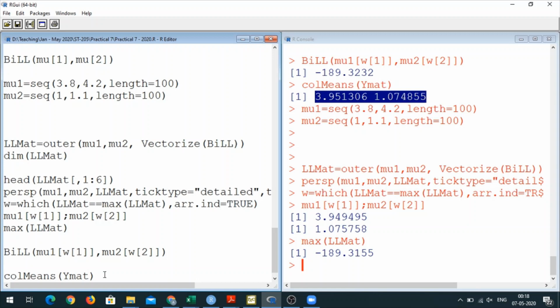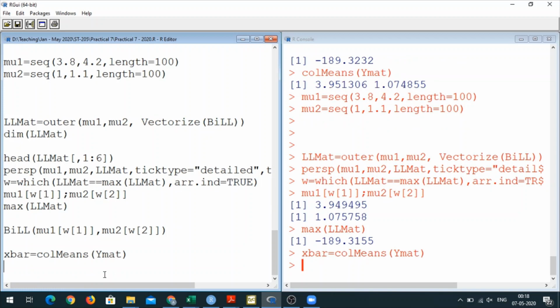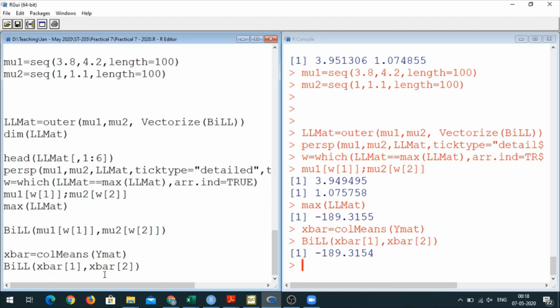So let me store it in, say, xbar, and we can have BVLL at xbar 1 and xbar 2. See, minus 189.3154, this is marginally better than the maxima that we are getting by graph.